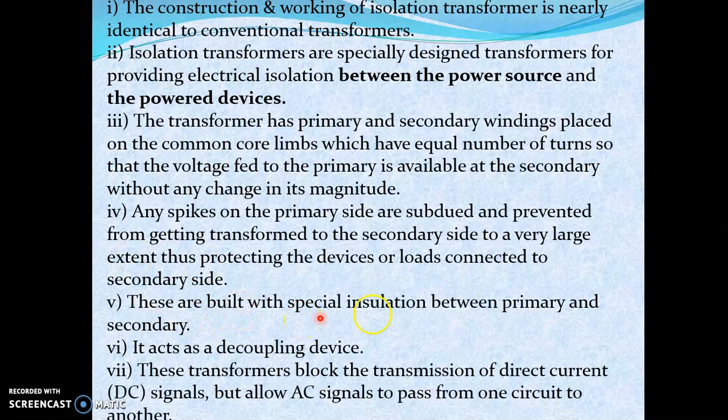These are built with special insulation between primary and secondary. It acts as a decoupling device. These transformers block the transmission of direct current signals but allow AC signals to pass from one circuit to another circuit.